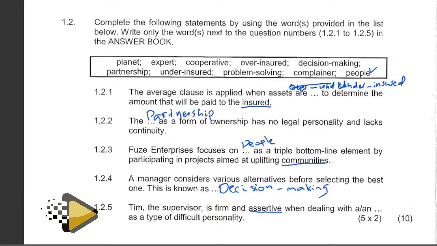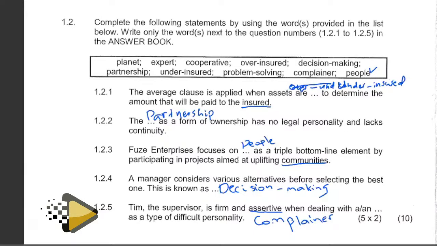That kind of personality, when you are dealing with it, is called a complainer. To deal with a complainer, you shouldn't shout. Make sure that you always keep a low profile.